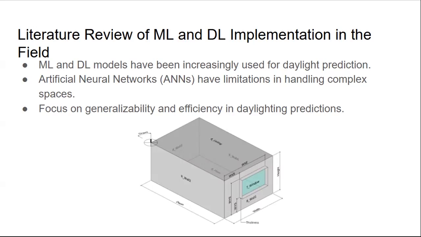One of the reasons for this limitation is that these models often use a small set of input parameters, like room dimensions and window sizes, to describe the space, which is not enough to capture the full complexity of the 3D environment. So for example, in this case, the features or dimensions of the data inputs are very limited.